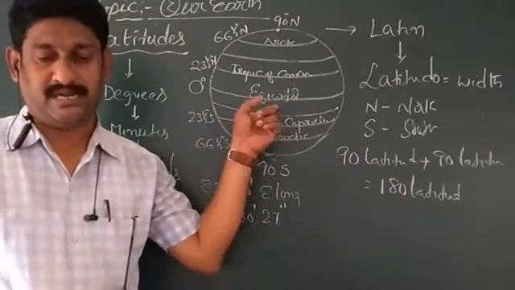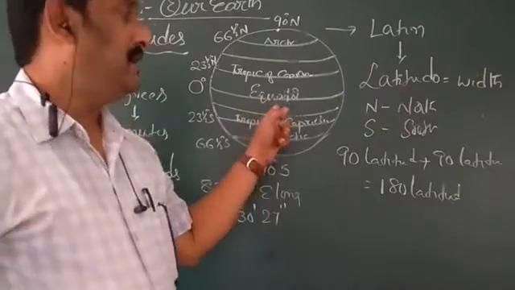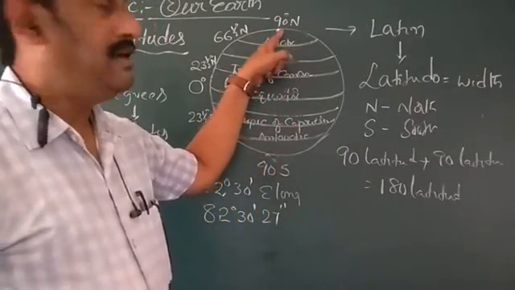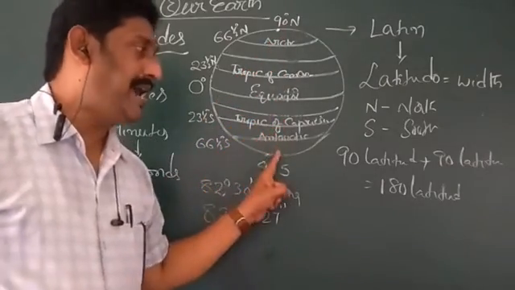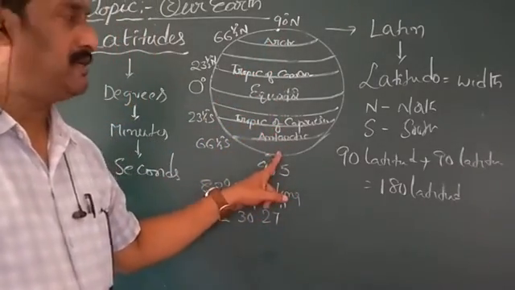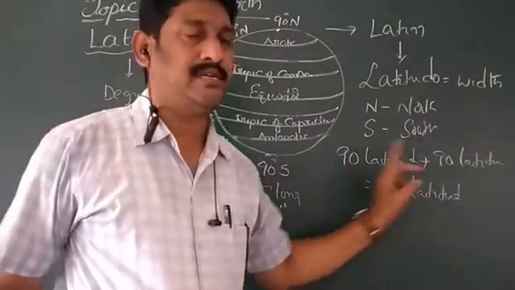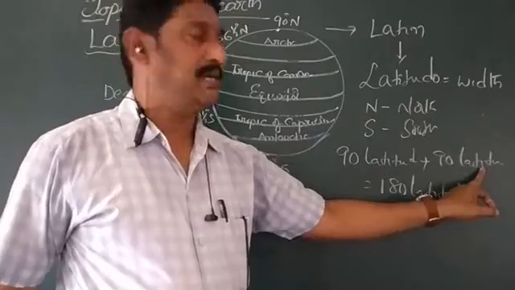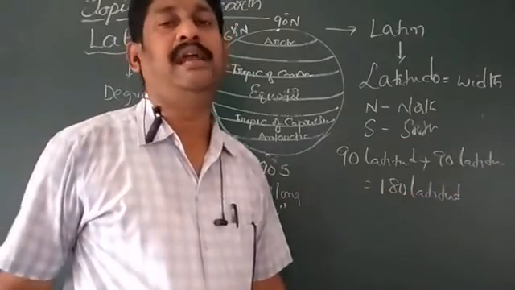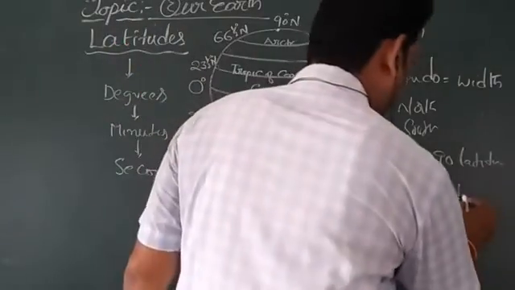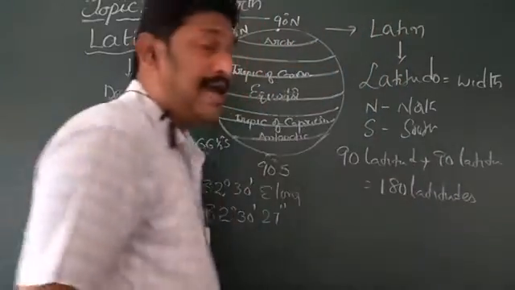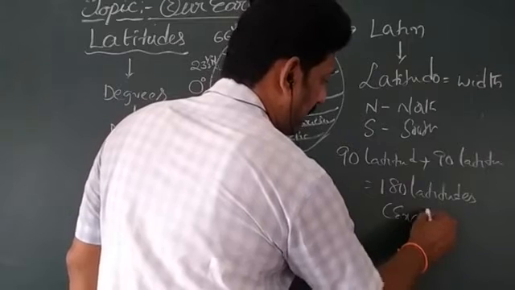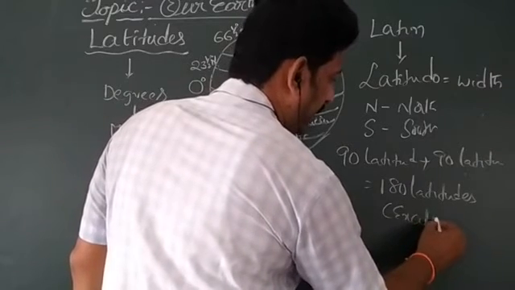Keep it in your mind, my dear children: excluding the equator, 0 to 90 latitudes in the northern part and 0 to 90 latitudes in the southern part. Totally 180 latitudes excluding the equator.